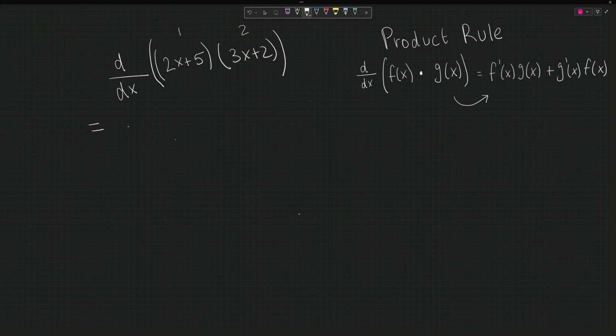So let's do this. Okay, so when I take the derivative of number 1, I get 2. Now multiply that by 3x plus 2. Now, I take the derivative of 2, and I multiply that by 2x plus 5.